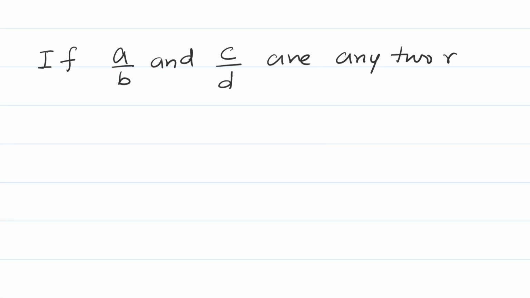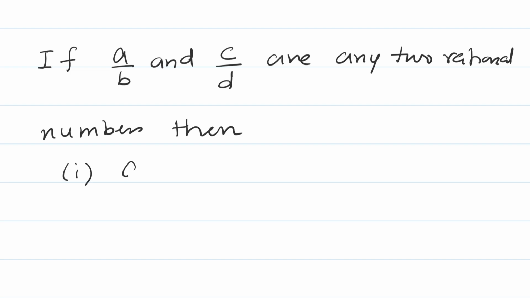Closure property of rational numbers. If A upon B and C upon D are any two rational numbers, then number 1, A upon B plus C upon D is always rational.